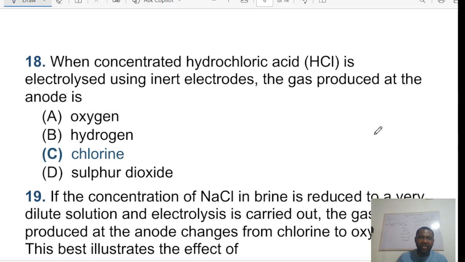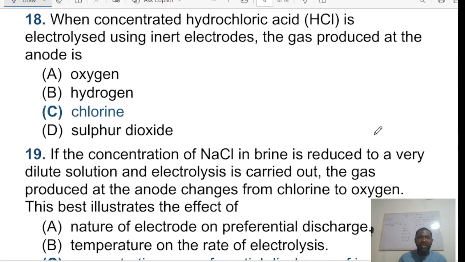Now, effect of concentration, I think I already explained this. When concentrated hydrochloric acid is electrolyzed using inert electrodes, the gas produced at the anode is chlorine. It would have been oxygen, but remember, chloride is concentrated, so chlorine will be discharged. Very easy.